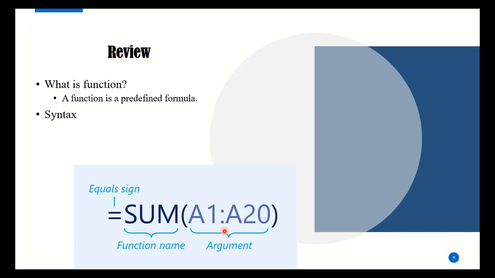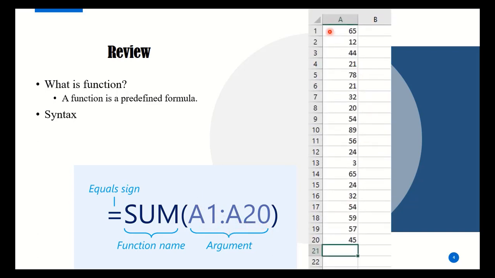Some functions are used to add numbers together. So the argument that it needs is the numbers that you want to add, starting from cell A1 until cell A20 like this. So this is cell A1 and this is cell A20. You want to add all of them together, right? So you must write the function.